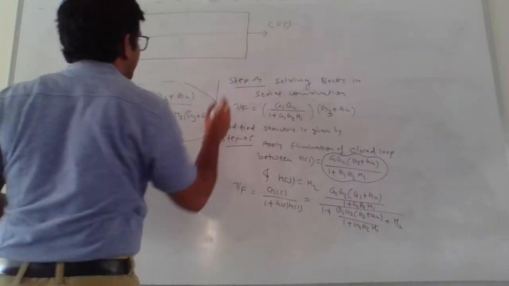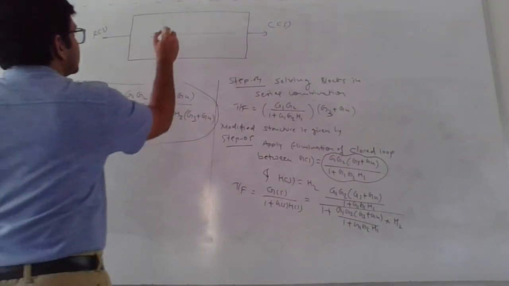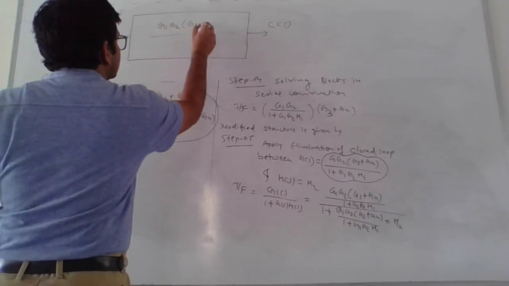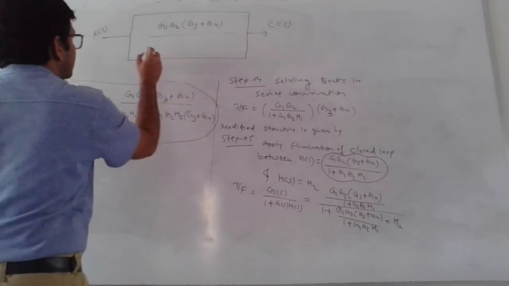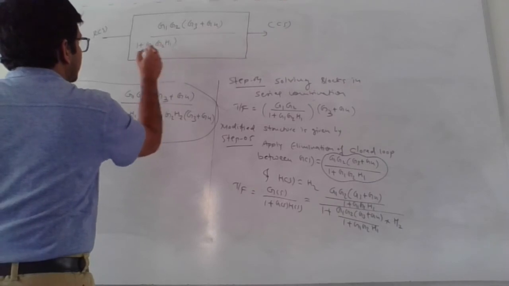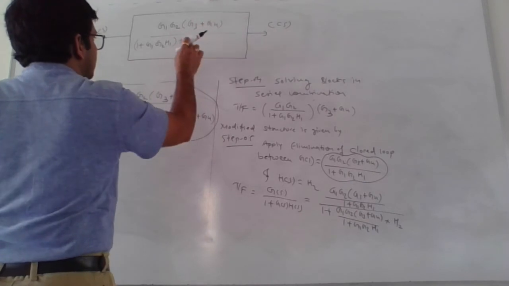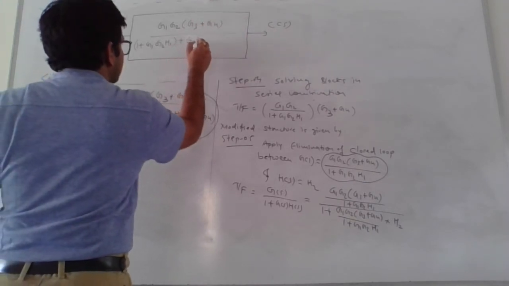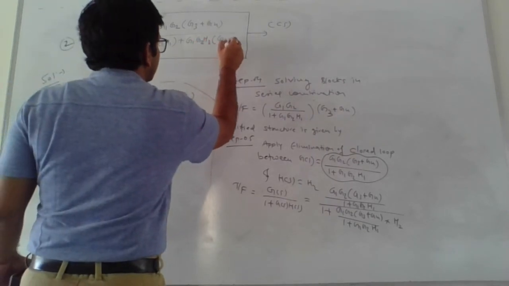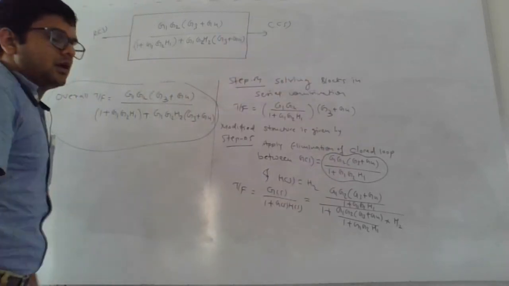Inside this block we need to write the overall transfer function of the given control system, which is nothing but g1 into g2 in bracket g3 plus g4 whole divided by 1 plus g1 into g2 into h1, then plus, in bracket, or simply we need to write here g1 g2 h2 in bracket g3 plus g4. So this indicates the transfer function of the given control system.